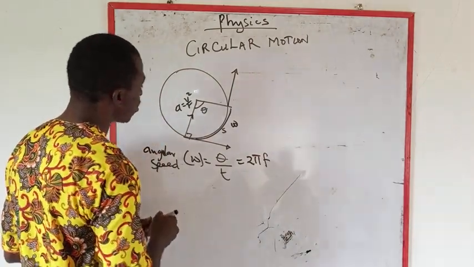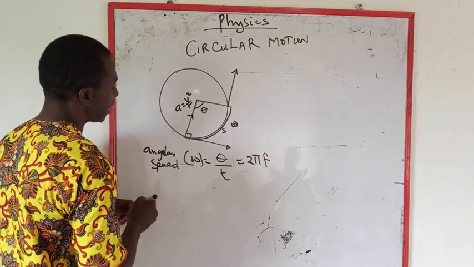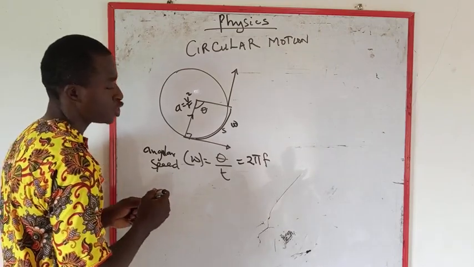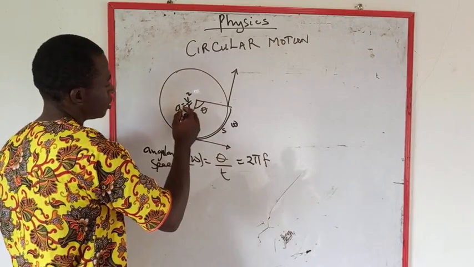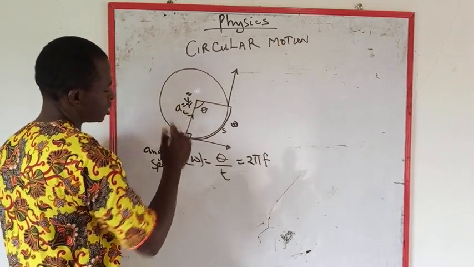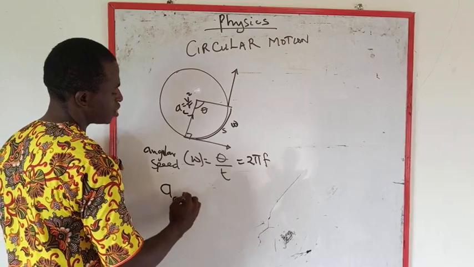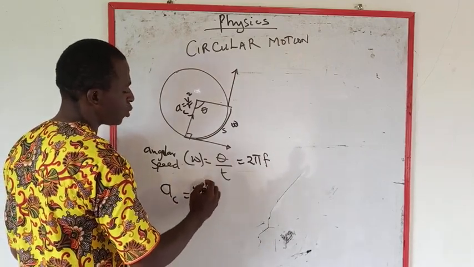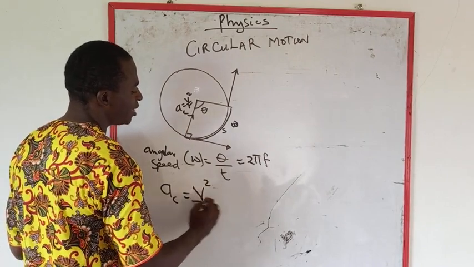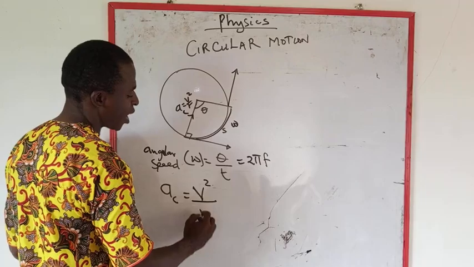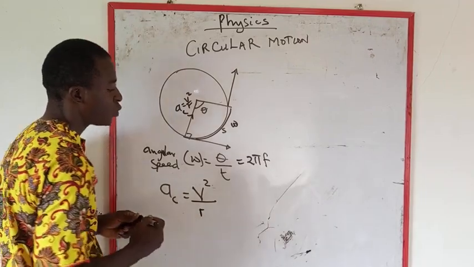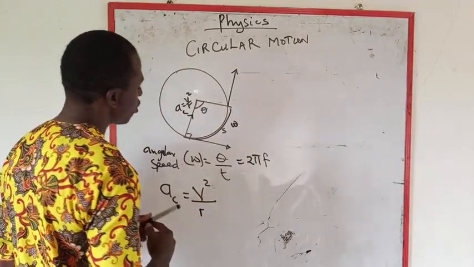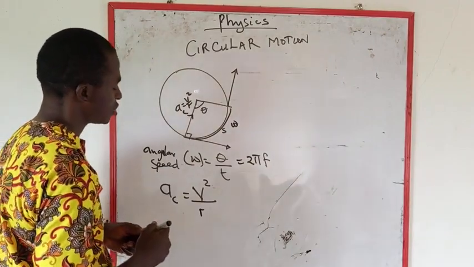Don't forget, we also have a formula that gives us a relationship. What you are seeing here is acceleration. We call it centripetal acceleration, which is equal to the square of the linear velocity over the radius.